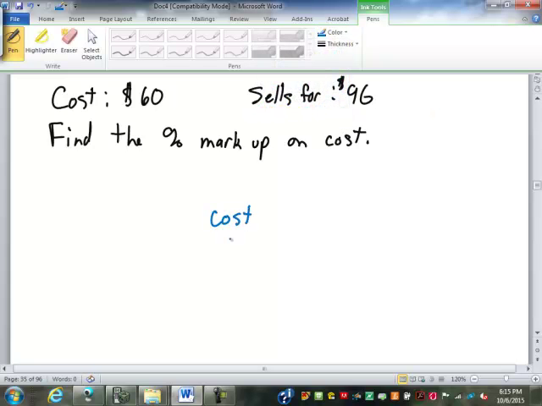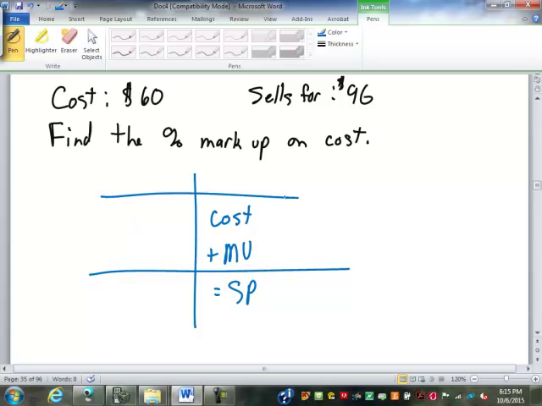So our table again is cost plus markup equals selling price. Percents and dollars. First step, as always, locate the 100%. Where is it going to go here? Cost or selling price?